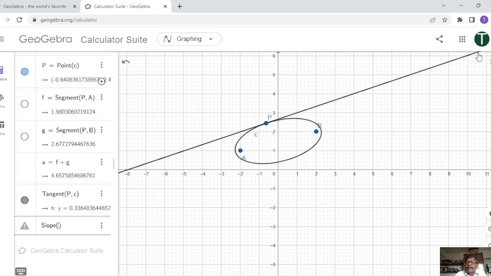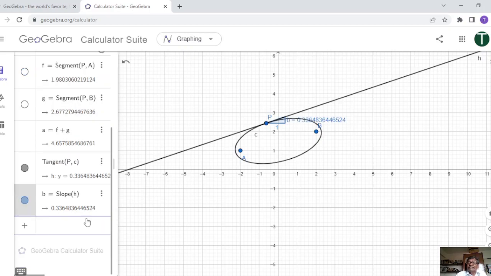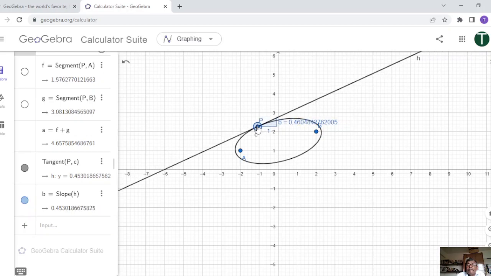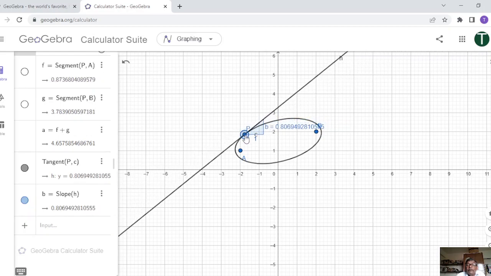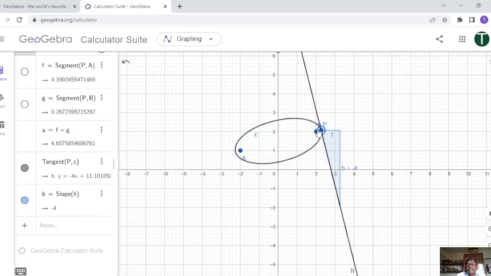Small h is the straight line. So simply write slope h, and it has given you the slope of the curve at the point P. And if you vary P, the slope of the curve changes. Not only that, it also gives you the value of the slope displayed here. It displays the value of the slope at various points, is it not?